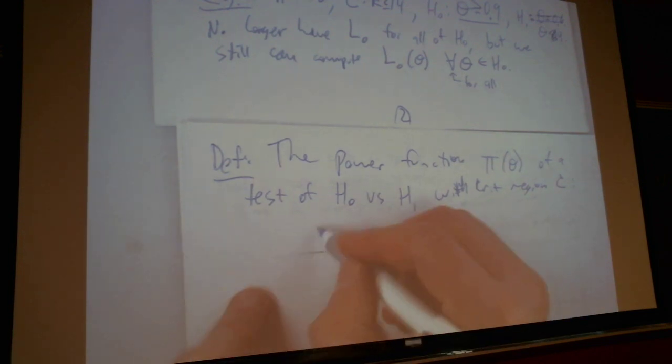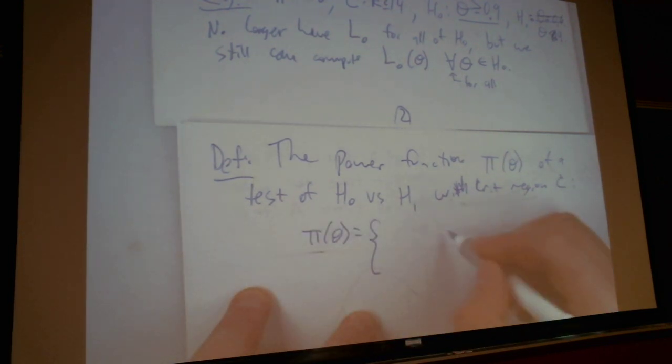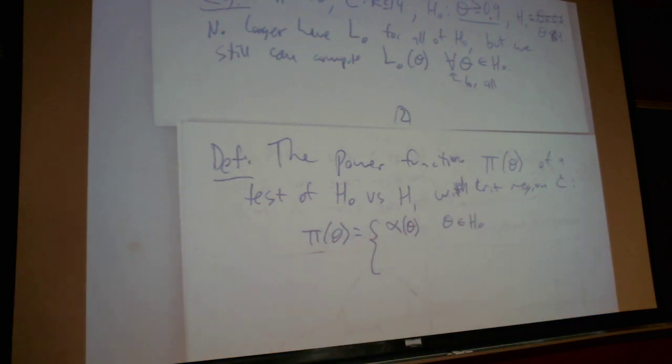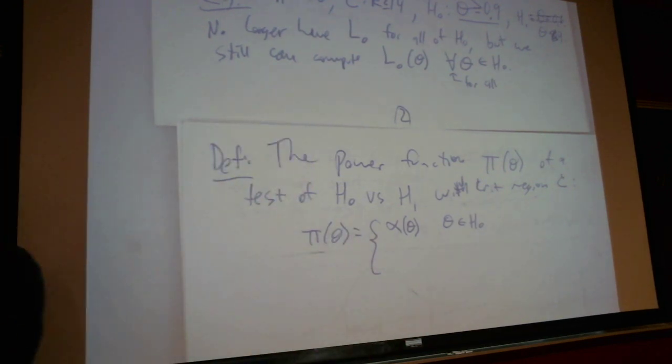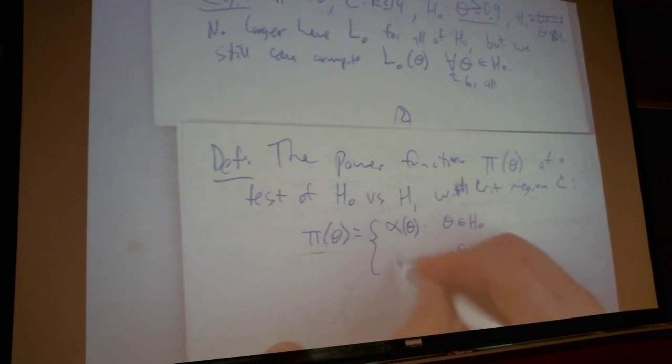So let me just define it. Pi of theta is equal to either, if theta is consistent with the null hypothesis, then it's the size of the test. Let me give you the definition, and then we'll see how it works. I'm just going to write it, and then I'll explain what's written here.